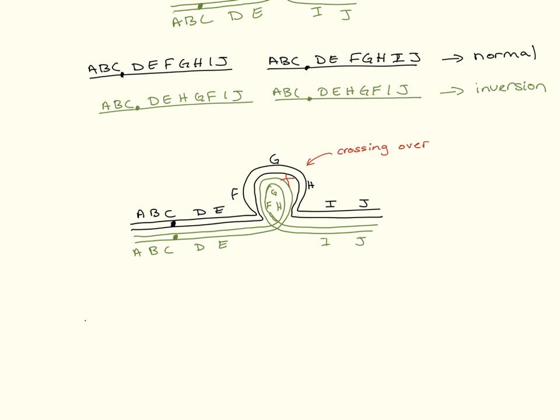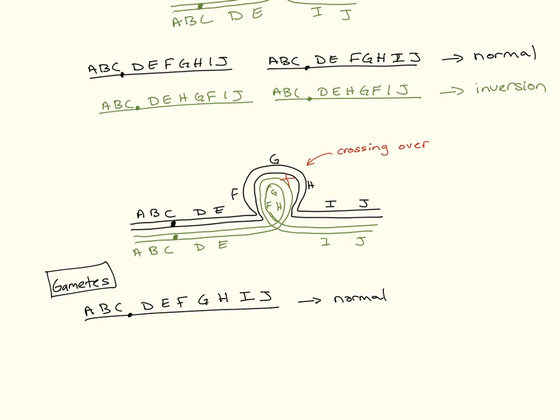So we're going to end up with the outer chromatid from the top chromosome is going to be normal. Again, I'm writing out what the gametes will look like.